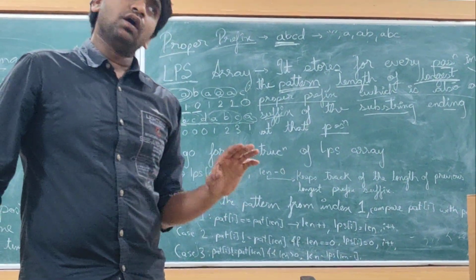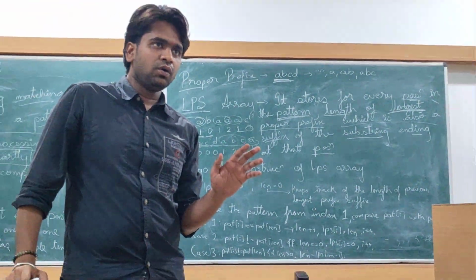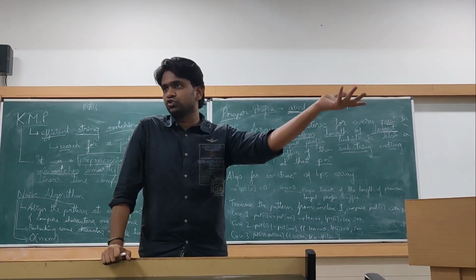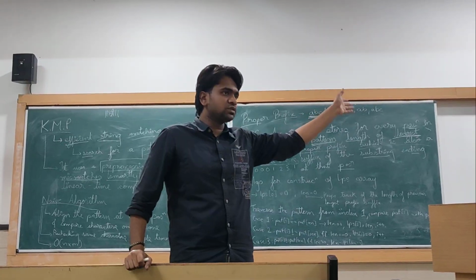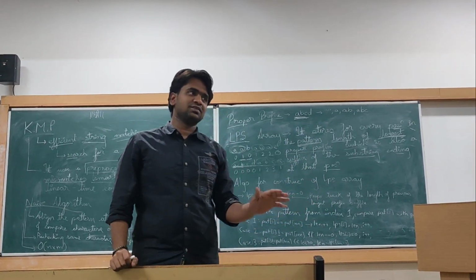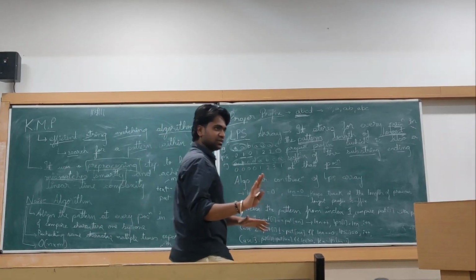Right? Is the idea of what is the definition of longest prefix which is also a suffix? That is what LPS means. Is clear? Okay. ठीक है. Stage 1 is clear और 2 stages है.